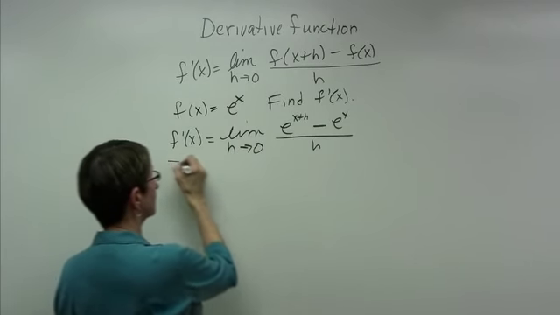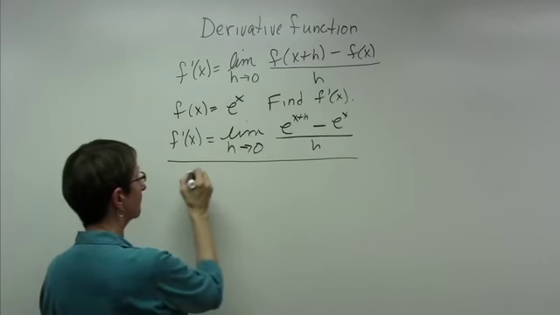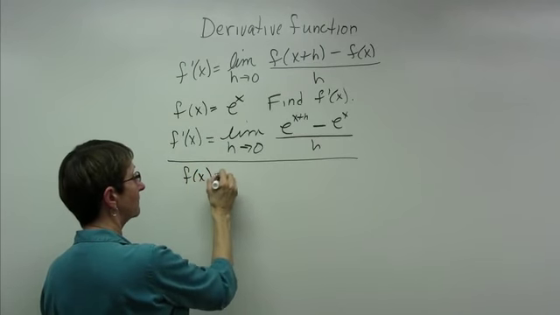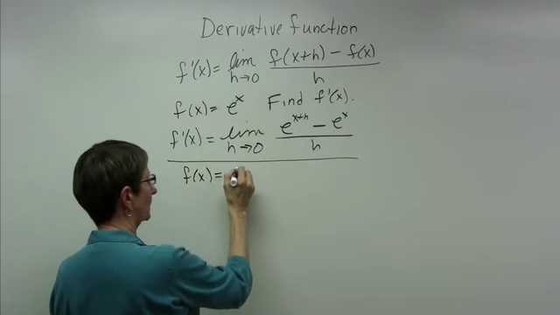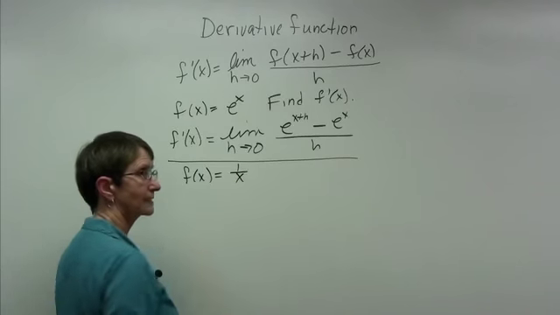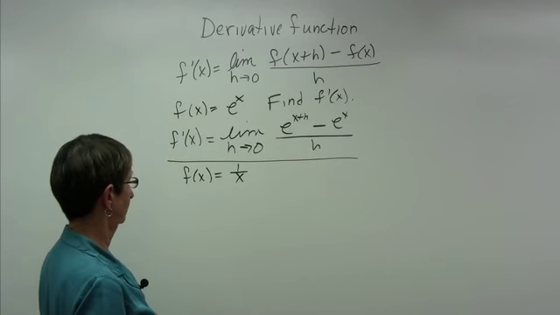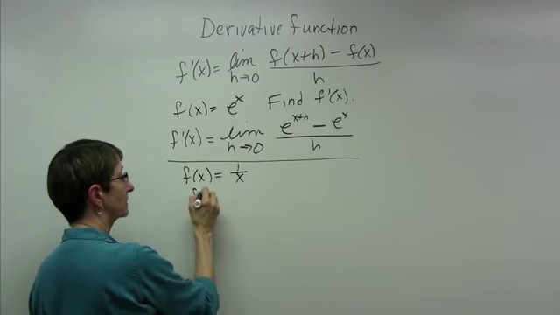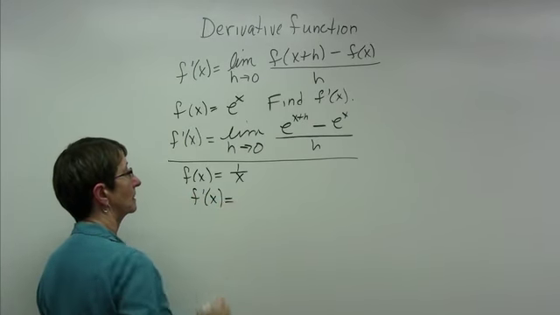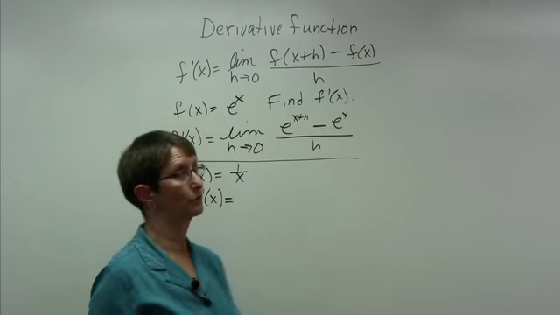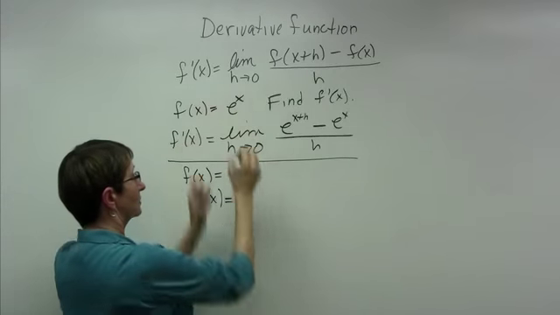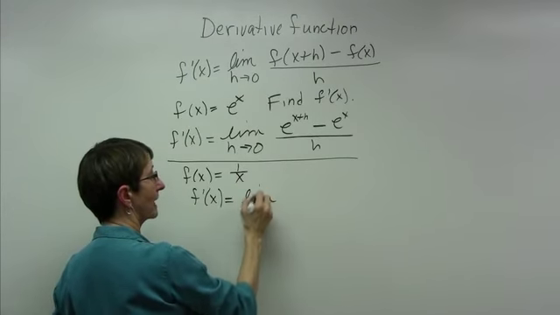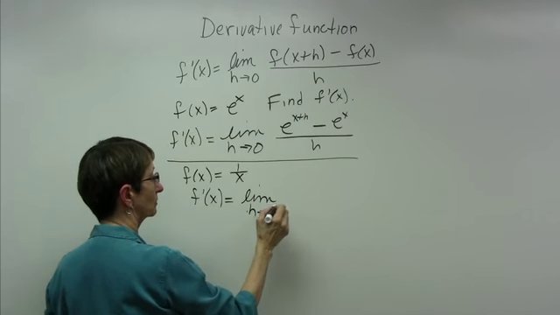How about if I have f of x equal to 1 over x? Well, I do the same thing. If I want to find the derivative or set up the derivative, I use the limit definition, limit as h approaches 0.